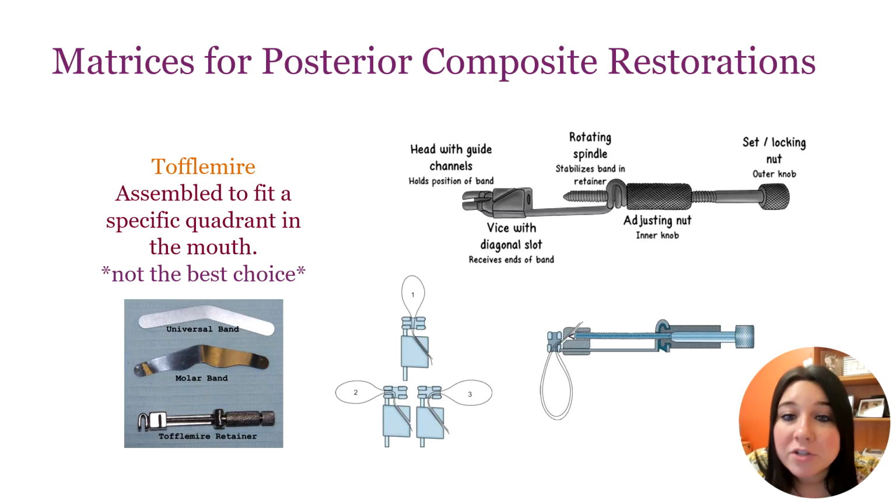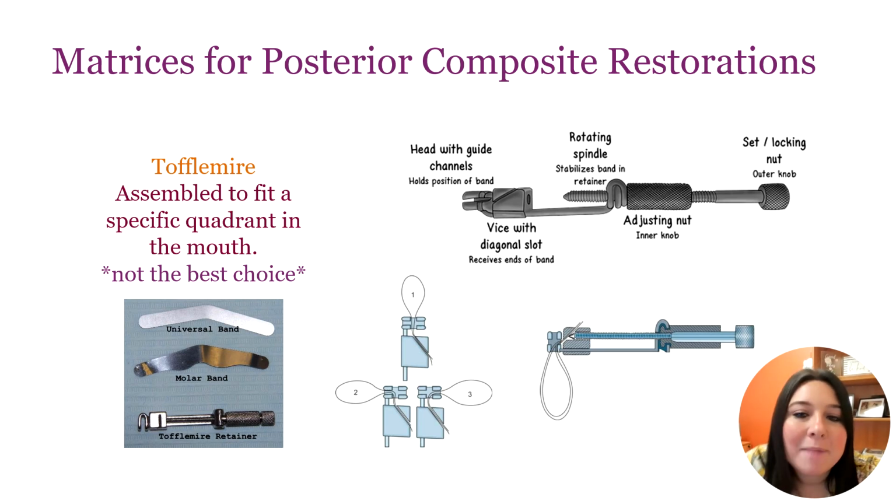Typical matrices for posterior composite restorations can include the Tofflemire. It's not my favorite. I usually recommend a Tofflemire for amalgam restorations only. I just don't like the way the contours turn out and the floss. It's not great.